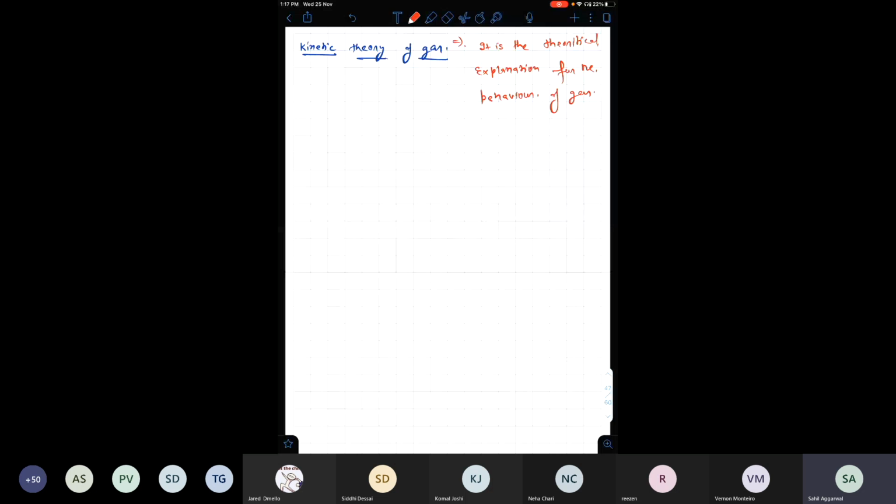Kinetic theory of gases. This is the theoretical explanation for the behavior of gas.